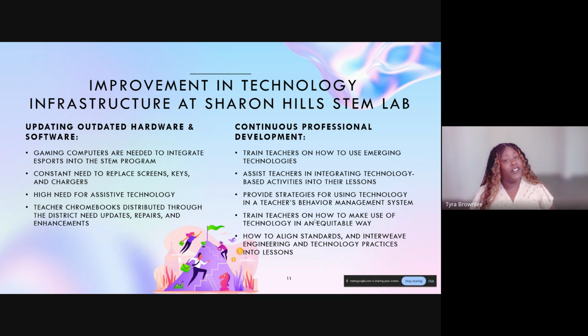Last year we started an esports initiative and now we are actually ready to implement it. With that, we also have a constant need to repair things such as Chromebooks and replace the chargers that come along with them. There's a high need for assistive technology also.